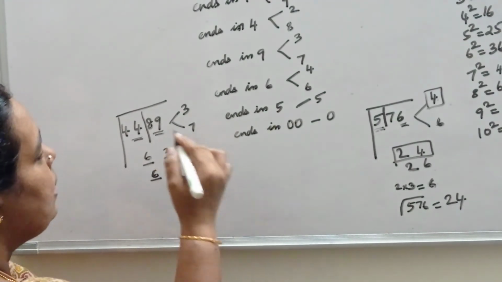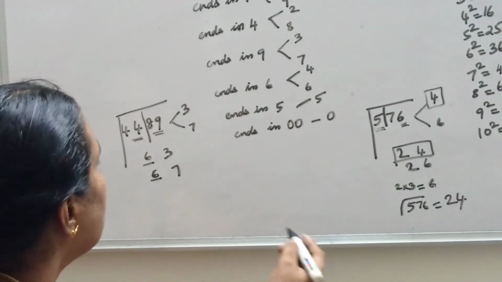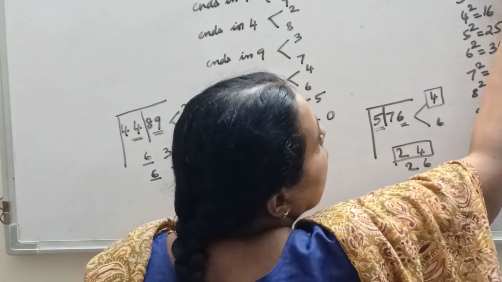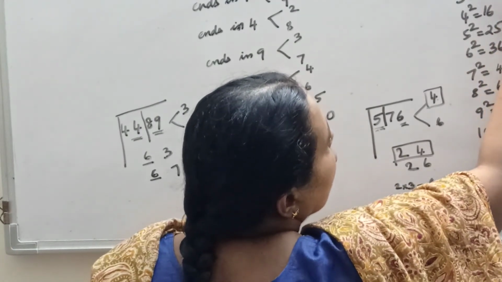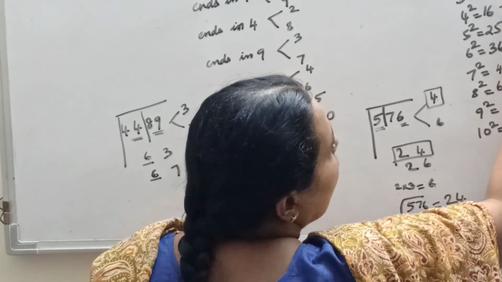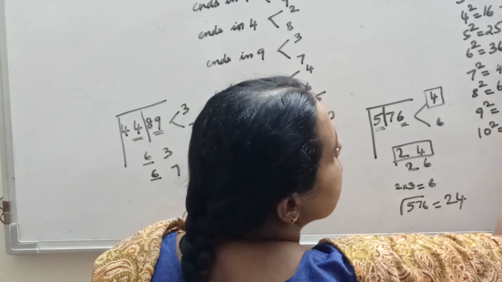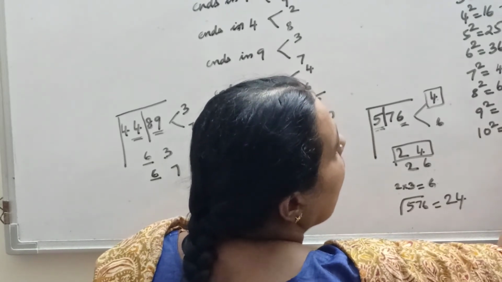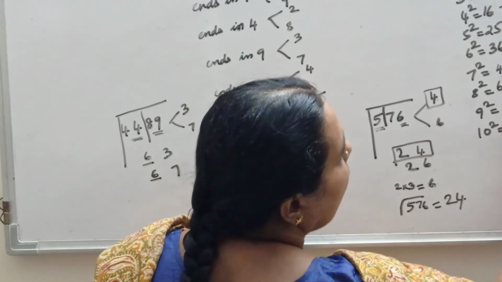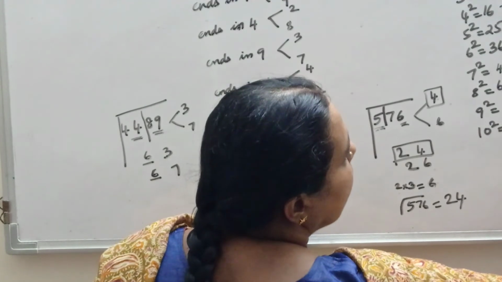Since 44 is greater than 36 and lesser than 49, we have to consider 6. Here the ranges are 1 to 3, 4 to 8, 9 to 15, 16 to 24, 25 to 35, 36 to 48, 49 to 63, 64 to 80, 81 to 99.